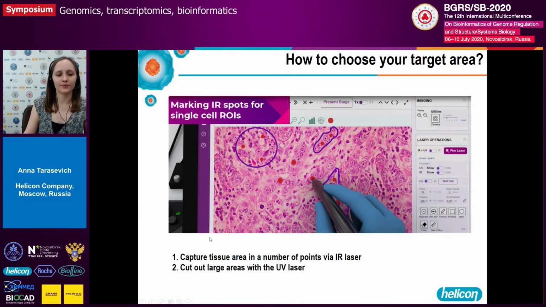The red spots are where our infrared laser attaches to the tissue, and the violet circles are the lines where the UV laser cuts. So we can lift our tissue from the slide via these attachment points of the IR laser.